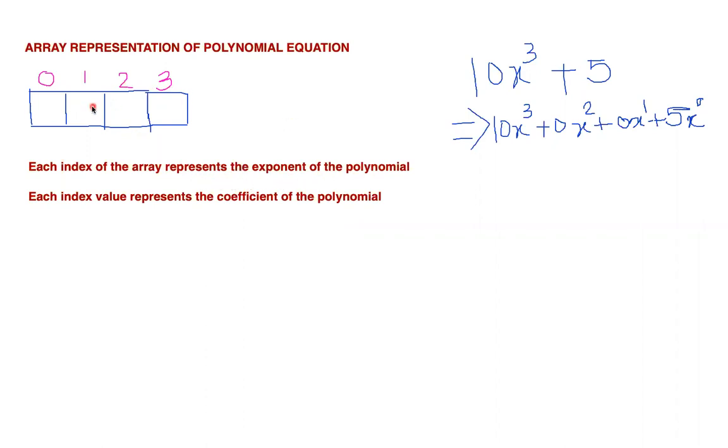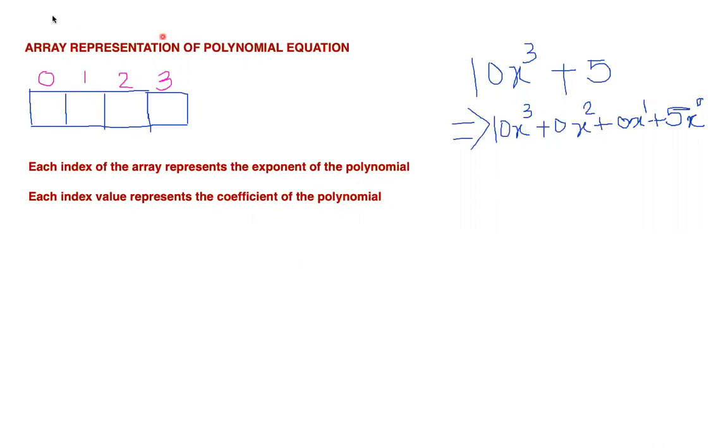In an array, the polynomials are always stored in ascending order of the exponent. And the second thing is that each index value represents the coefficient of the polynomial, along with the sign of the coefficient.